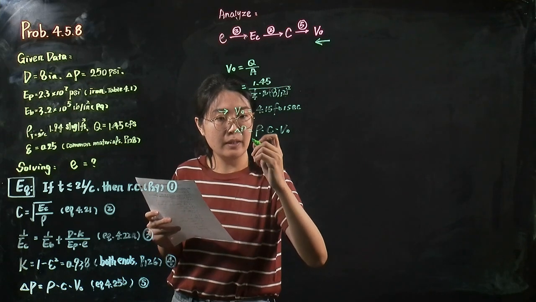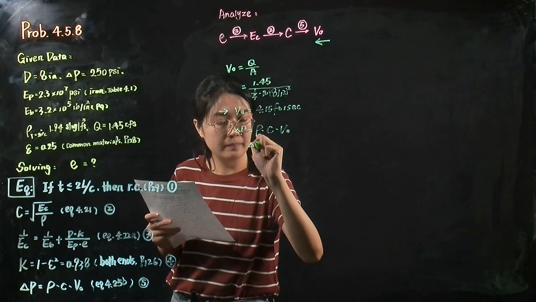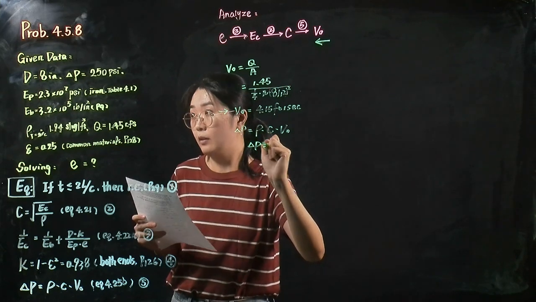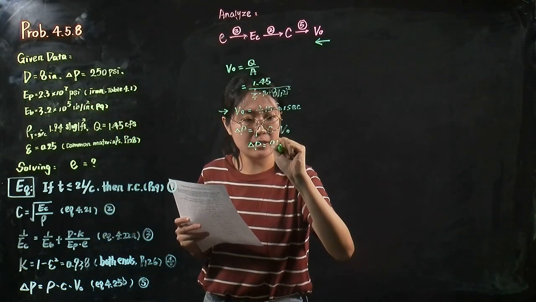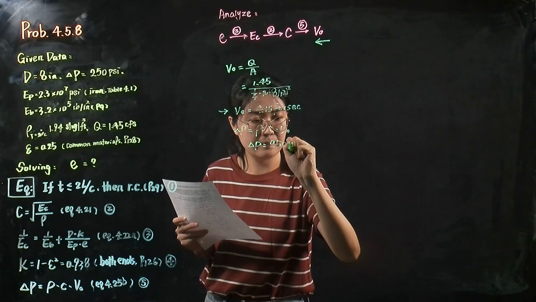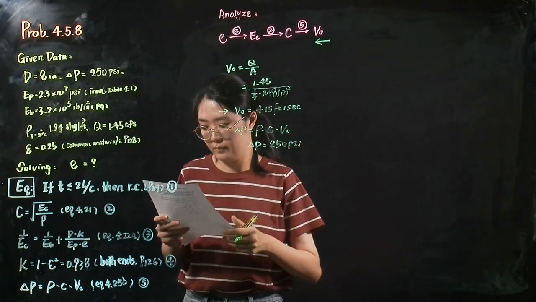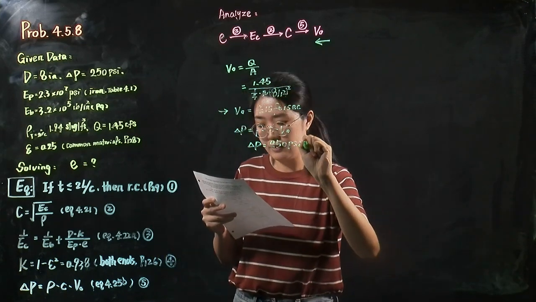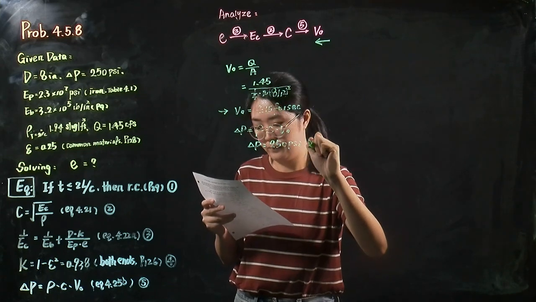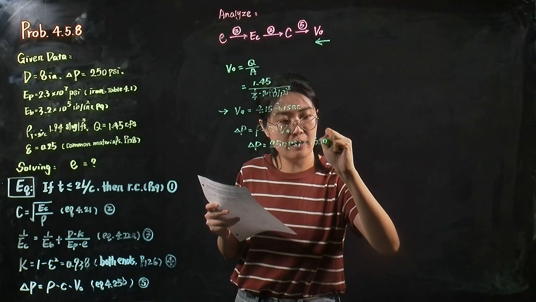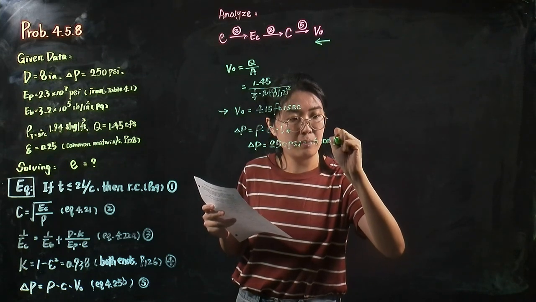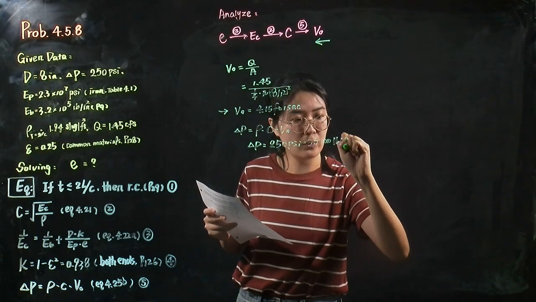The delta P equals 250 psi, and it equals 36,000 pounds per square foot.